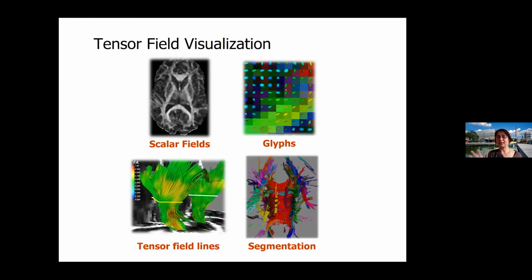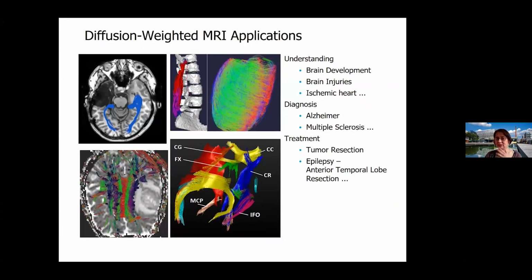Good. I went through the different aspects very fast, also due to time. I hope it gives you a view of the different kinds of visualizations that you can use if you want to work with this kind of data. There are multiple applications of it. It's not just for the brain.